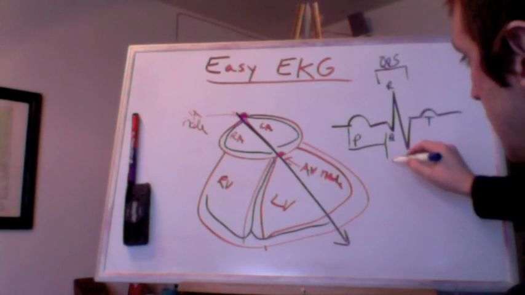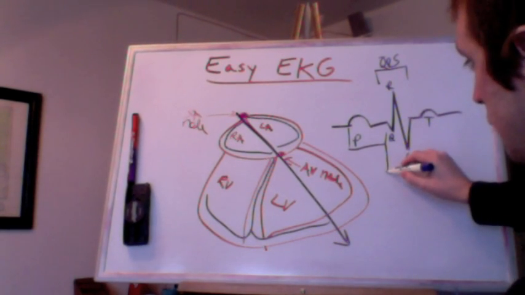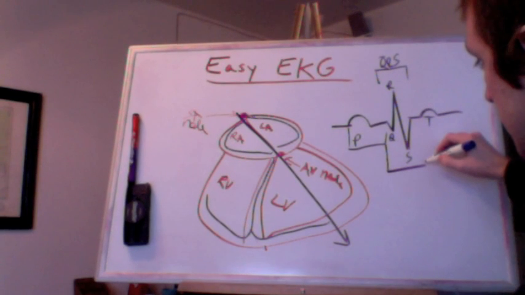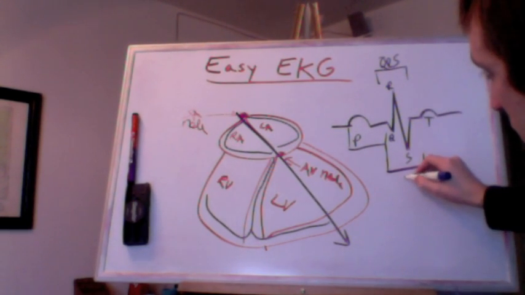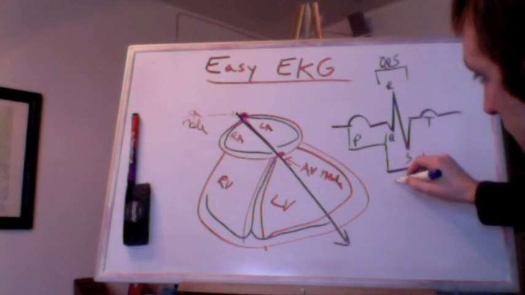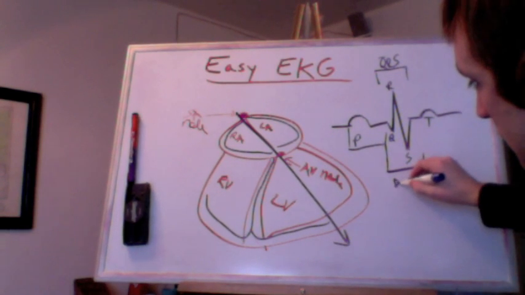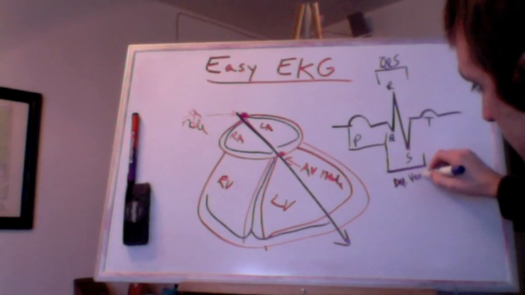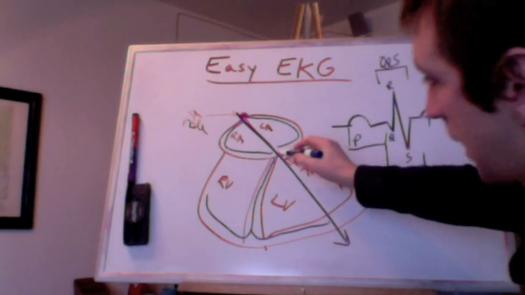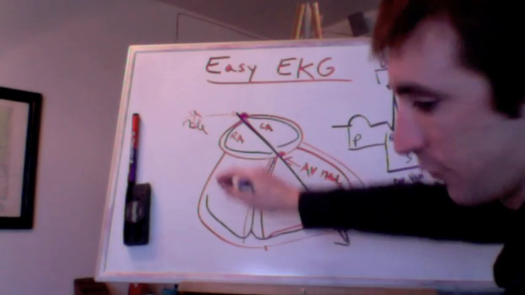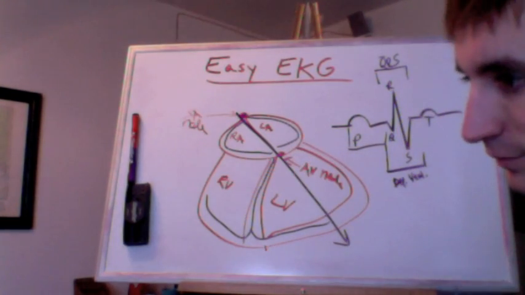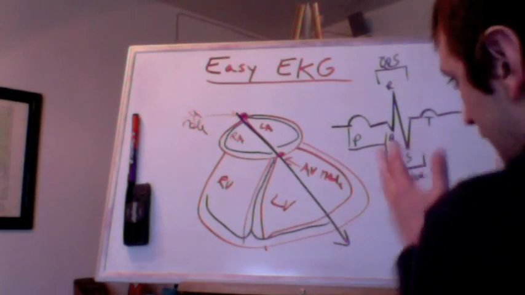So from this point here, at the beginning of the Q, to just after the S, is our depolarization of the ventricles. And that includes going down through the septum, Purkinje fibers, left branch, right branch, through all the bundles and everything like that, but we're not going to get into that.